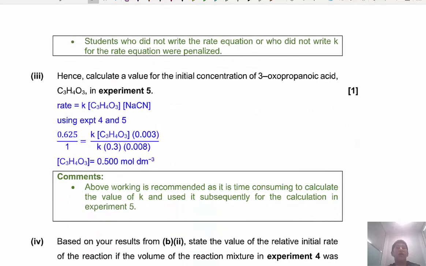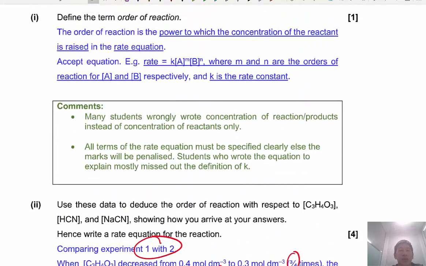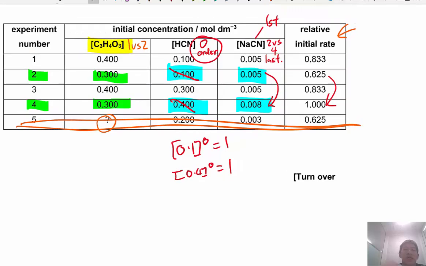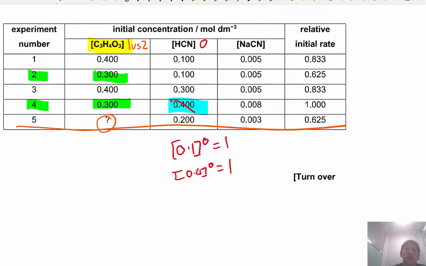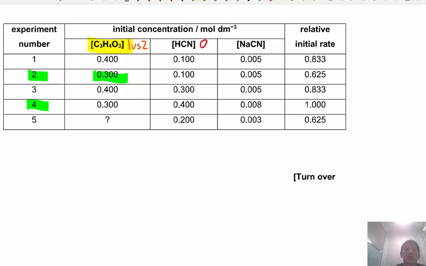After that, calculate a value for the initial concentration of 3-oxopropanoic acid in experiment 5. So we take a look, experiment 5. Let's clear everything. You take a look, experiment 5. This is the rate.